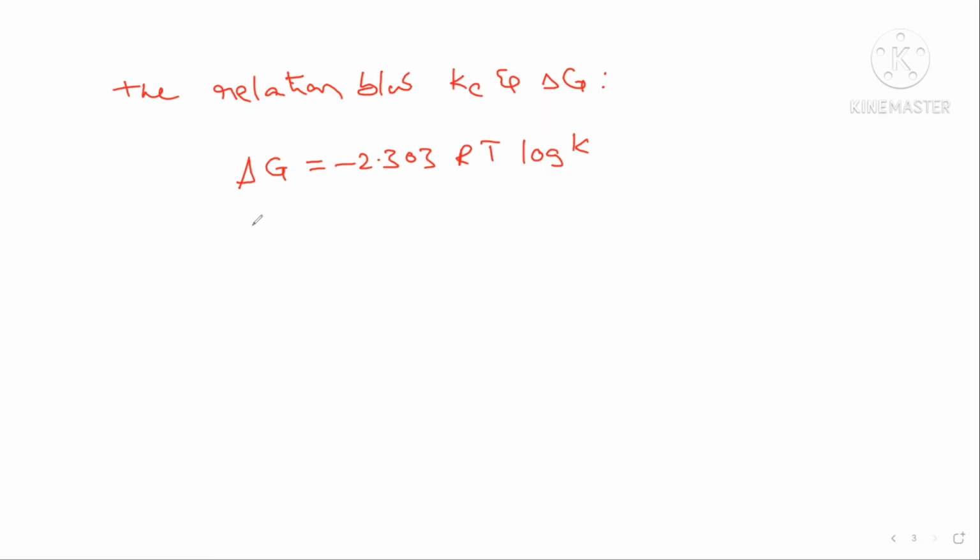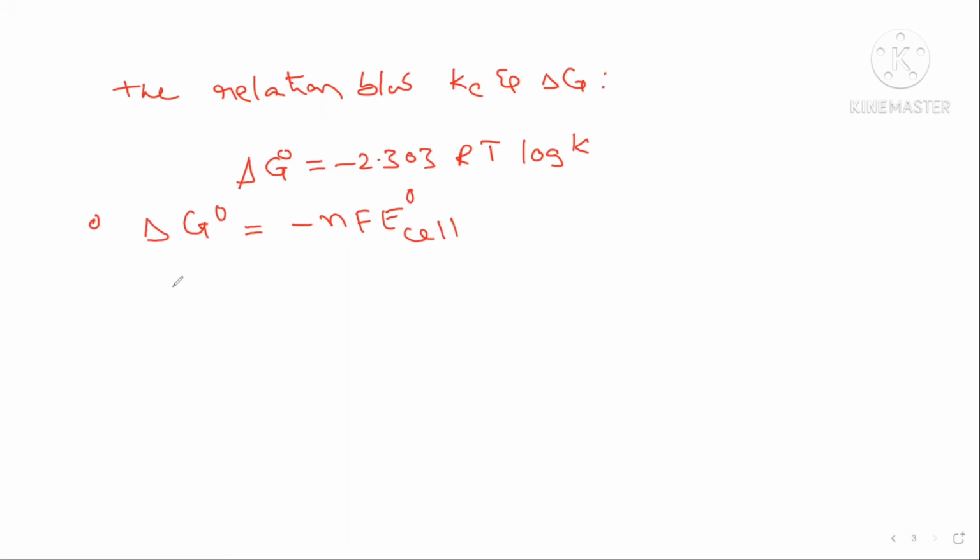According to the thermodynamic equation, delta G naught is equal to minus nFE naught cell, and delta G naught is equal to minus 2.303 RT log K. So substitute delta G naught is equal to minus nFE naught cell in this expression.